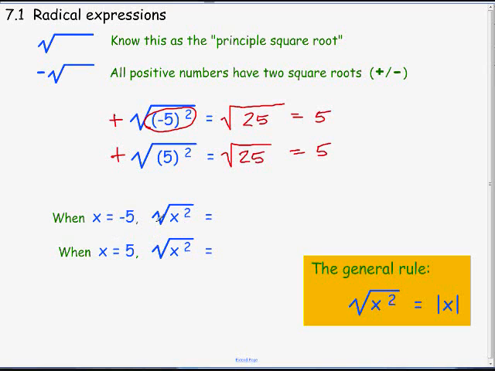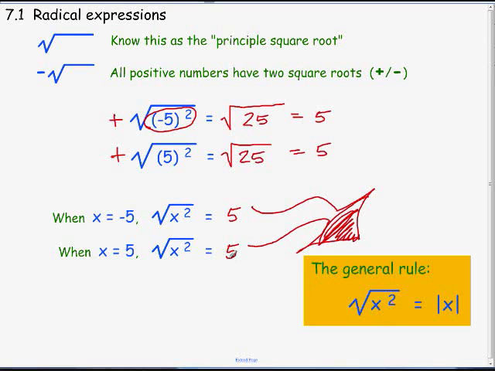When x is equal to -5, the square root of x squared, we just proved it up here, is 5. When x is equal to a positive 5, the square root of x squared is also equal to 5. This is my way of bringing you to this general rule right here that anytime you're taking the square root of something squared, it's exactly the same as taking the absolute value of whatever is being squared.